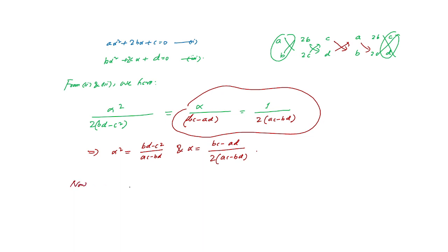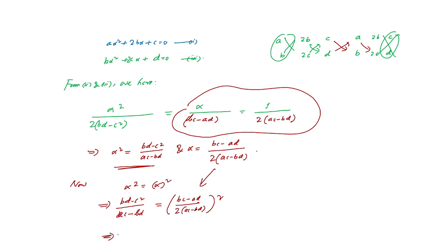So now we can write alpha square, alpha whole square. So we just put here this value in the left side, bd minus c square by ac minus bd is equals to alpha, this value here, bc minus ad by 2 into ac minus bd. So what we will get the result?